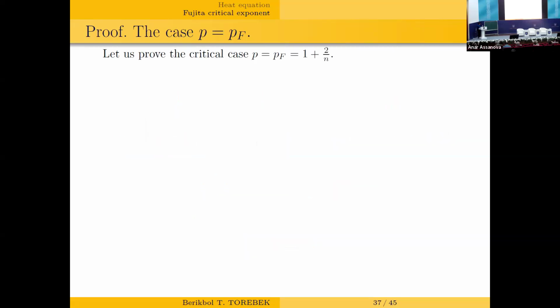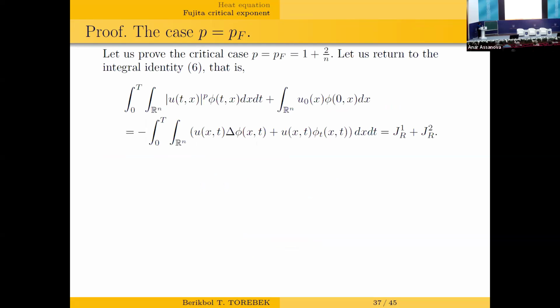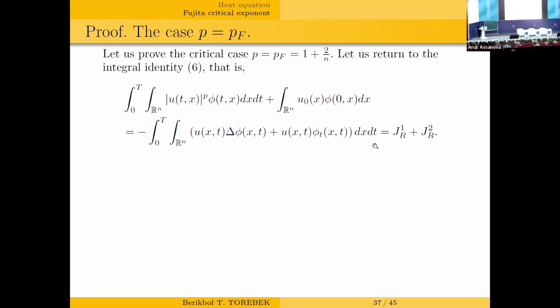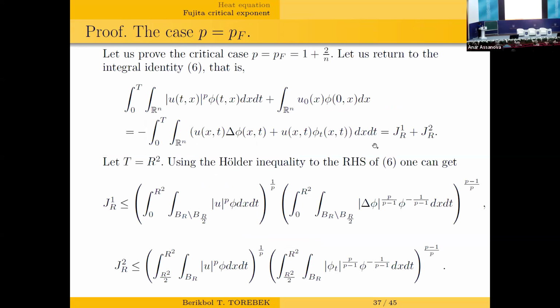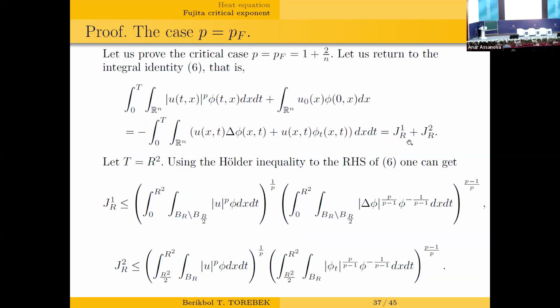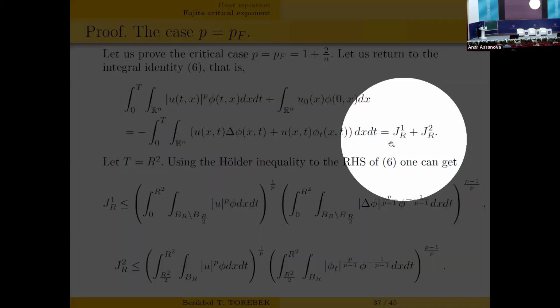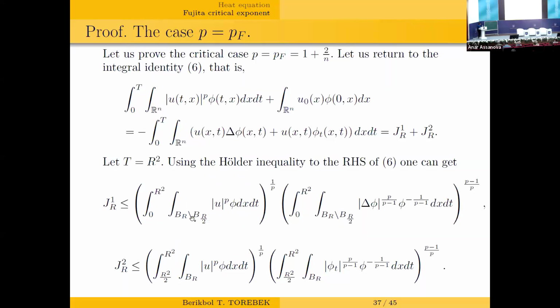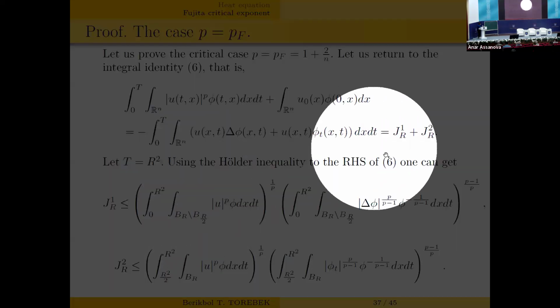And the critical case, let us try to prove the critical case. Suppose that p equals 1 plus 2 divided by n. And then we can rewrite the identity 6 in this form. And we can estimate here the integrals G1R and G2R using the Hölder inequality on the right-hand side of this integral identity.